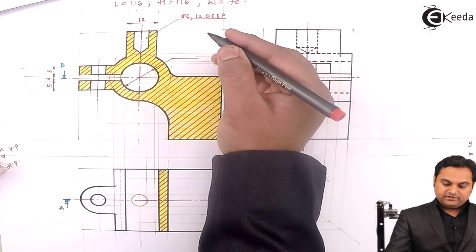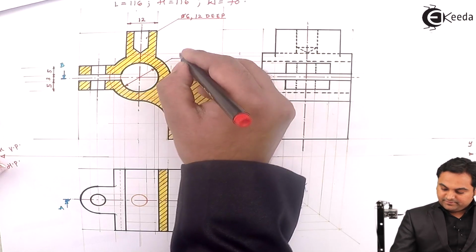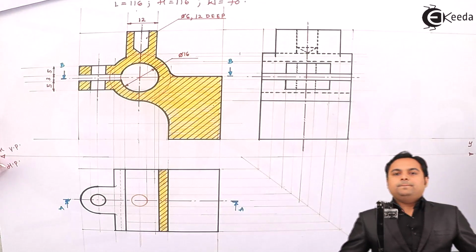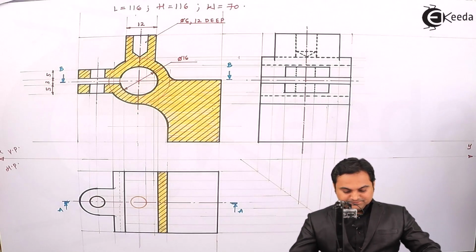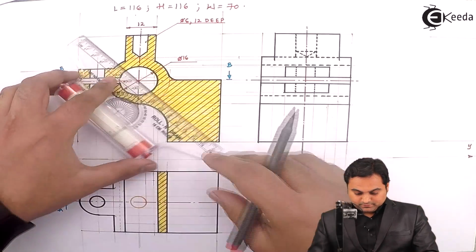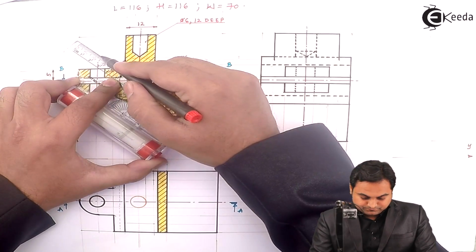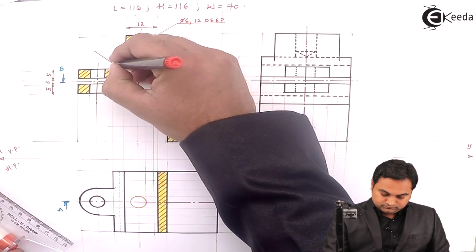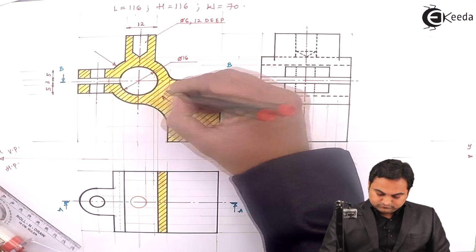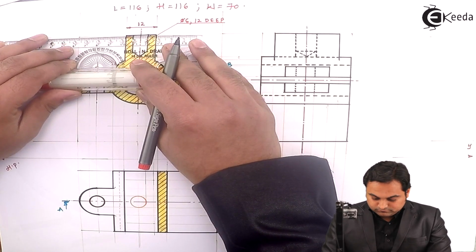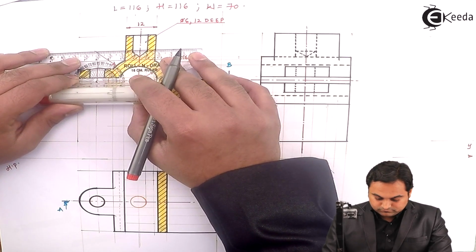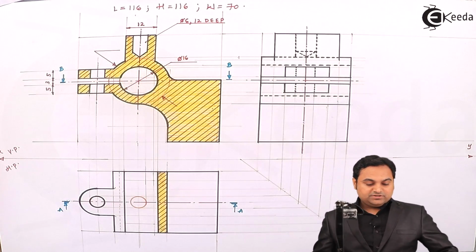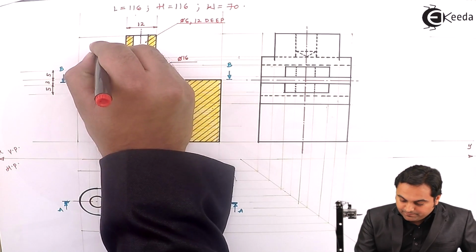Inner circle is having diameter of 16 mm and the outer circle. So giving the dimensions here. This outer circle is having diameter 25 mm.